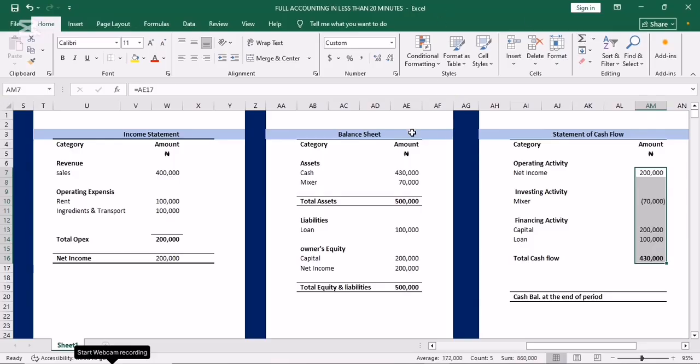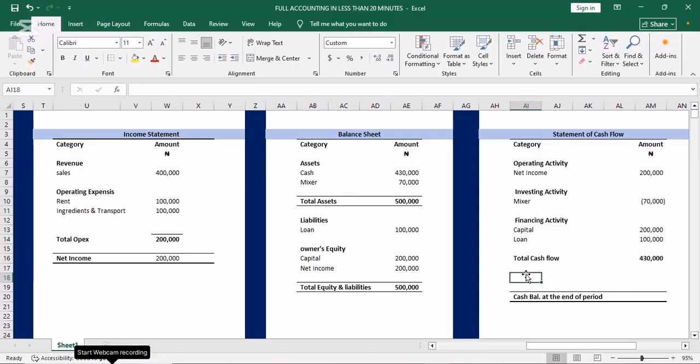So checking up to know whether what we have is right, at our balance sheet, which is the statement of financial position, where the business stands at the end of the period, we can see right here we have the cash amount of 430,000. Definitely we have it right up here.